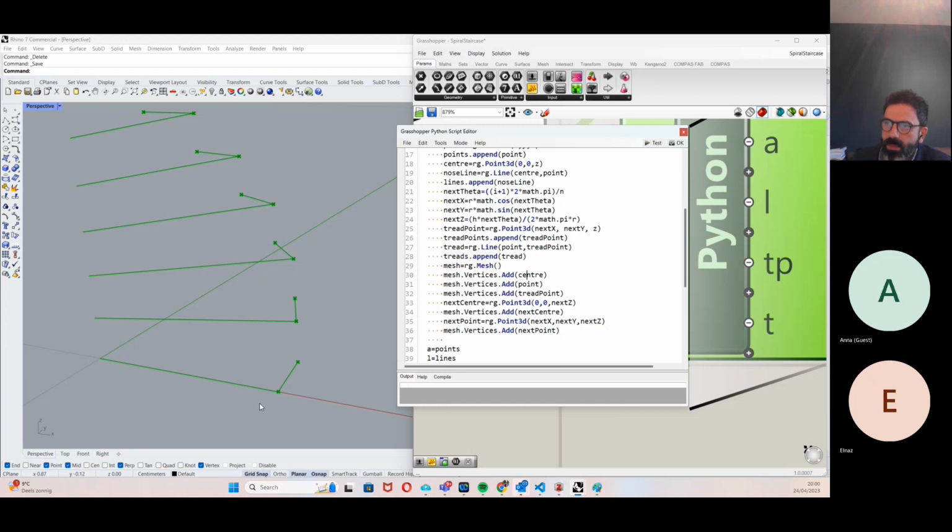Center 0, the point 1, then the third point 2, then I have 0, 1, 2, and then I have the next point, and then the next center.